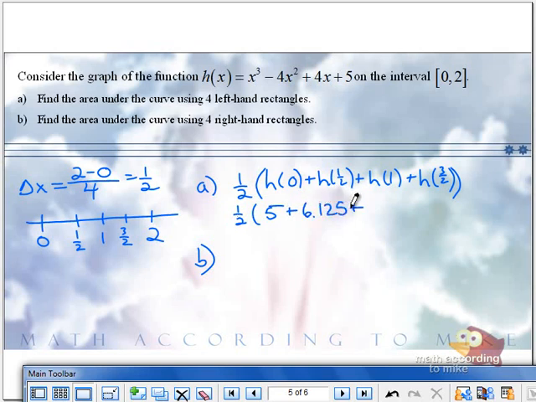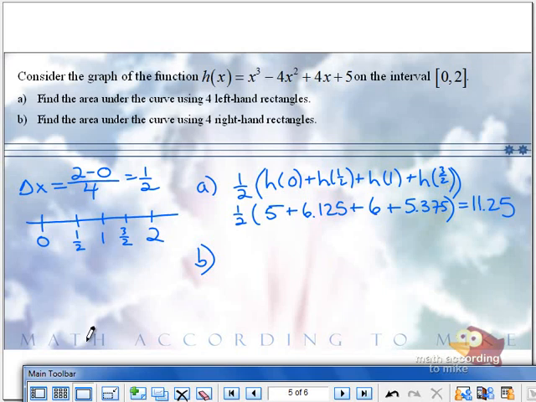H of 1? And h of 3/2? So if you add up those y values and then multiply it by 1/2, because the 1/2 is the width, what do we get?